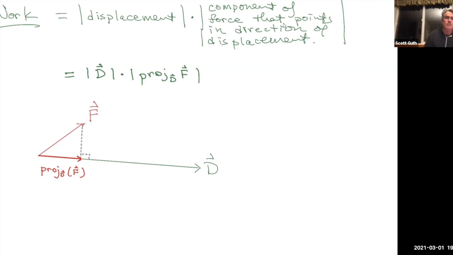But the magnitude of the projection is just the comp. So let's backpedal a little bit here and say that this is the magnitude of D times comp sub D of F. What that means is the D component of F.